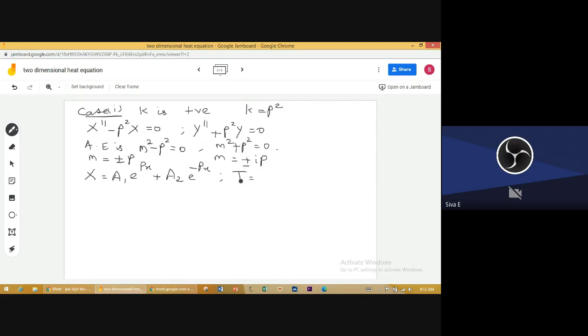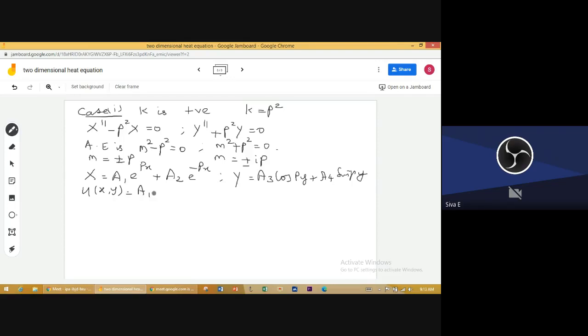Y equal to a3 cos py plus a4 sin py. Therefore, what is u of x comma y here? u of x comma y is X of x times Y of y.